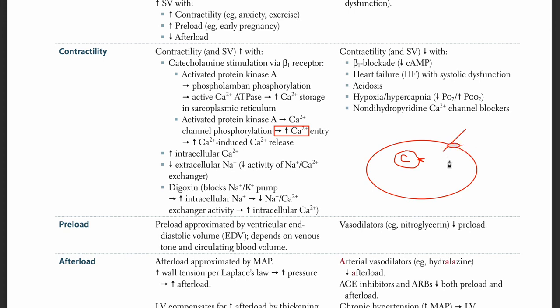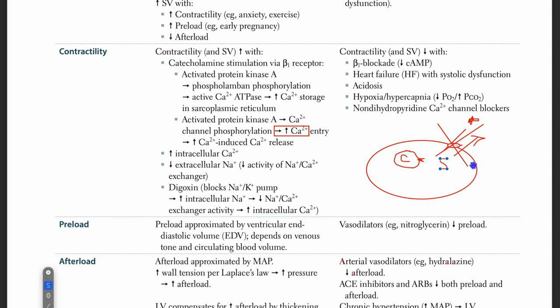So potassium is going to go out, and I'll just write Na comes in, okay, and then potassium goes out. So when you give digoxin, it blocks this pump, right? It blocks that pump. So what happens? The sodium you have inside is not going to be able to go out, okay?